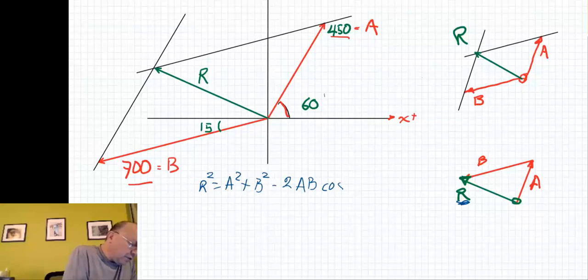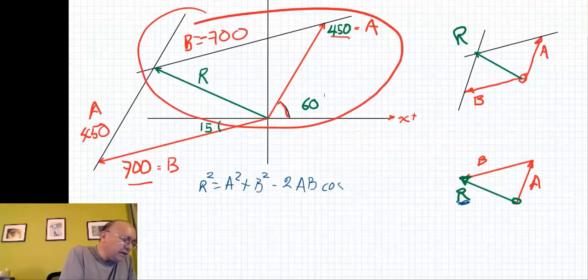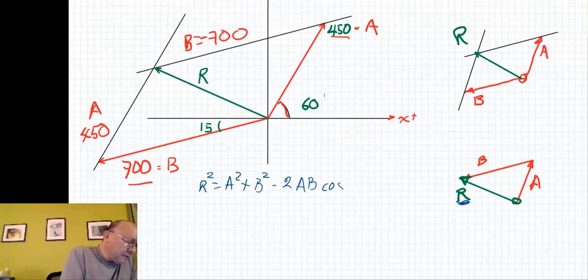This is 450, which I call A, and this is B, 700. If, for example, I am using this triangle here, then I will have to use this angle.